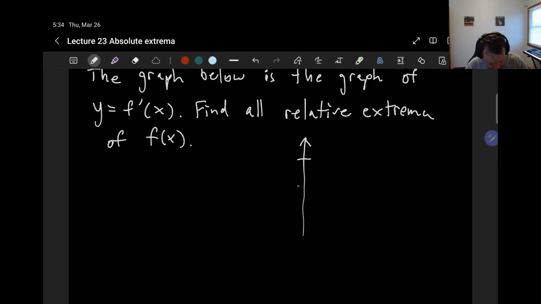So here's the graph. Let's go out 3 this way, 2 this way. I'm going to go down a couple as well.